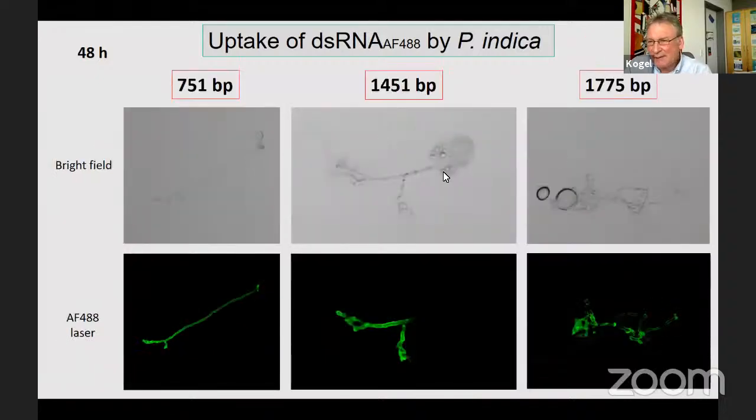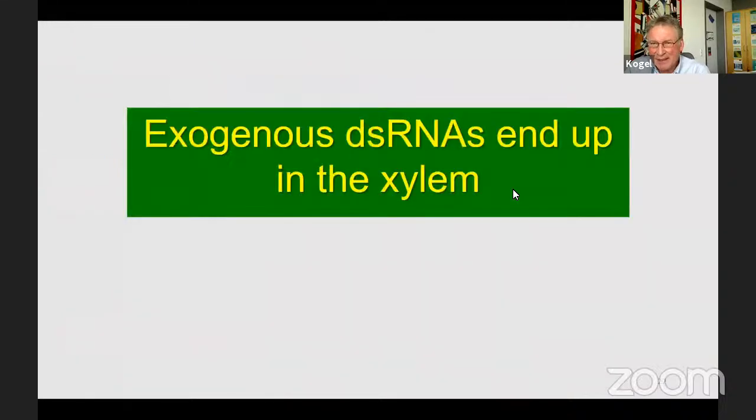And even, unexpectedly, if we tested very long RNA here, 1775, still you see an accumulation of this RNA in the fungi.